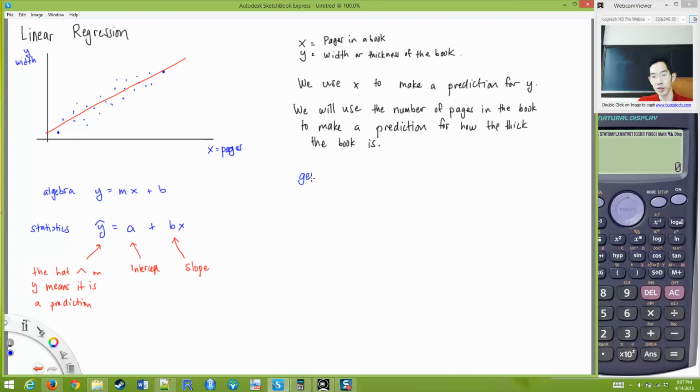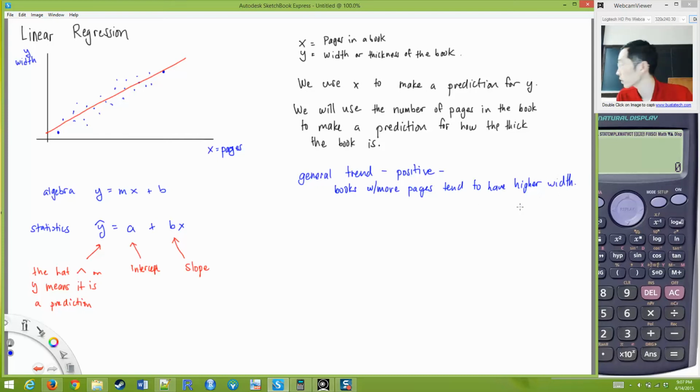So the general trend is positive. Books with more pages tend to have higher width, and vice versa. Books with fewer pages tend to have lower width or lower thickness.